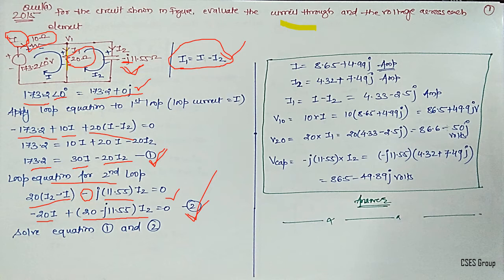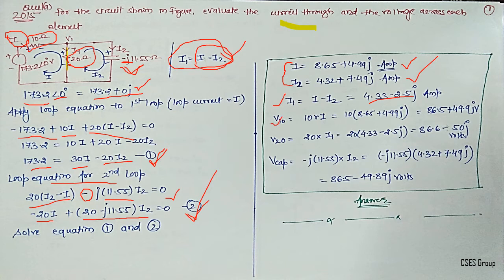If you solve that, you will end up with I equals 8.65 plus 4.99j and I2 equals 4.32 plus 7.49j. From these two values you can calculate I1 also. I1 is I minus I2, which is 4.33 minus 2.5j. Now you have to calculate the voltages.